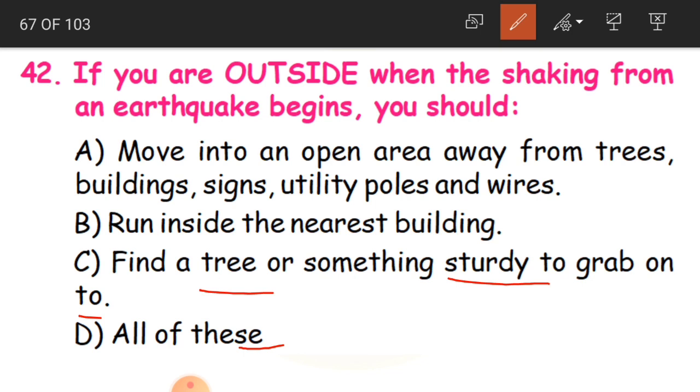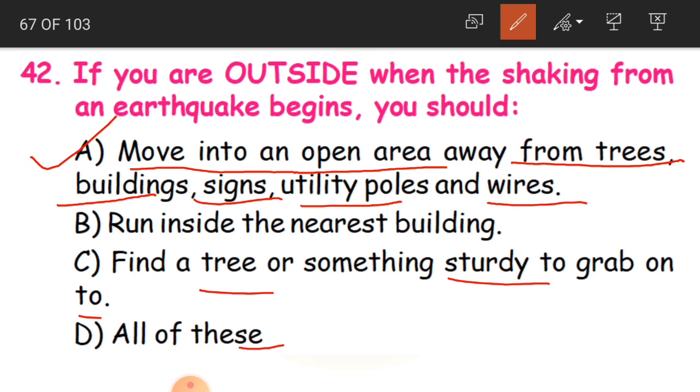You have to go with the first option, A, that you have to move into an open area away from the trees. You should not be under the trees because there is a possibility of the tree falling down. Not only trees, even buildings, signs, which are the signboards, utility poles and wires.